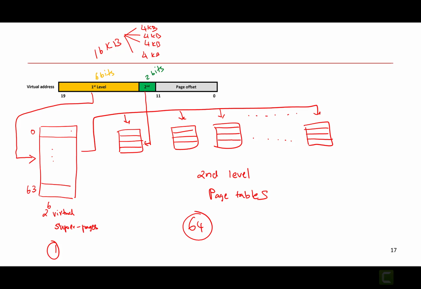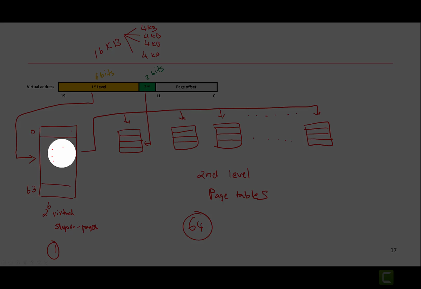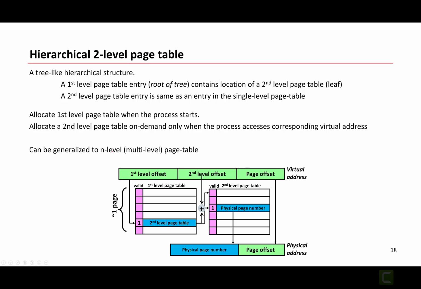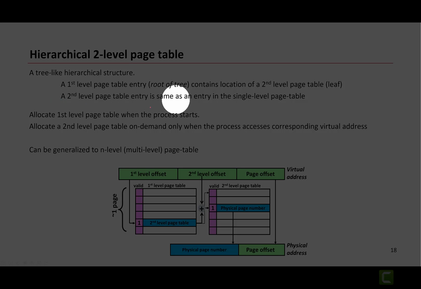So you can think of the first level super page table as the set of root pointers, and these as the leaves, right? So this is the root and these are the leaves in a hierarchical structure. And the second level page table is the same as an entry in the single level page table.